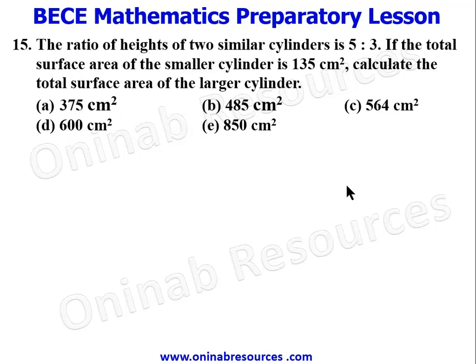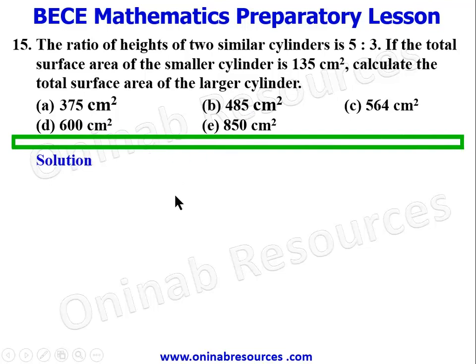Problem 15. The ratio of height of two similar cylinders is 5:3. If the total surface area of the smaller cylinder is 135 square centimeters, calculate the total surface area of the larger cylinder. This is still similar shapes. Now, what we do is the ratio of their height is 5/3, and we need to find the ratio of their areas.